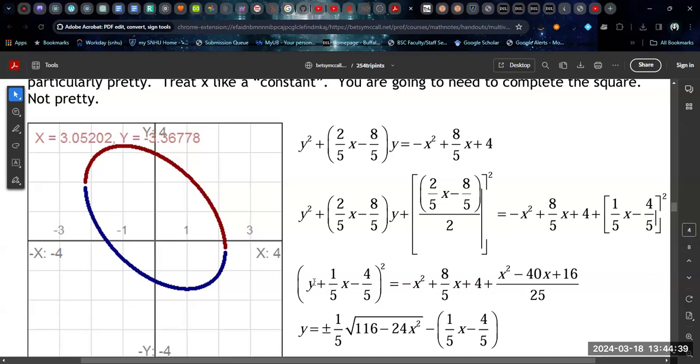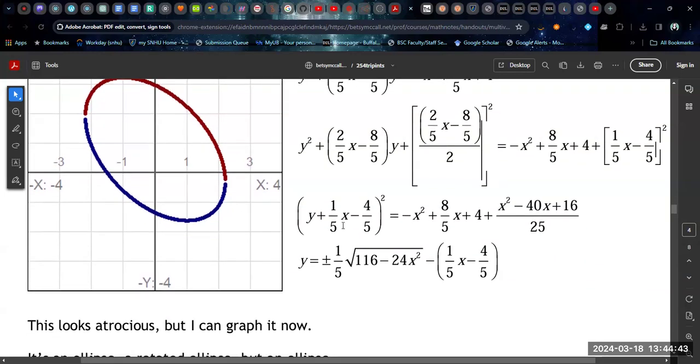That will get you your perfect square on this side. Then you'll have this crazy expression over here, which you'll have to simplify, and then take the square root of this nonsense, and then move your extra terms with x and 4 over 5 over to the other side of the equation. And you get this crazy expression.